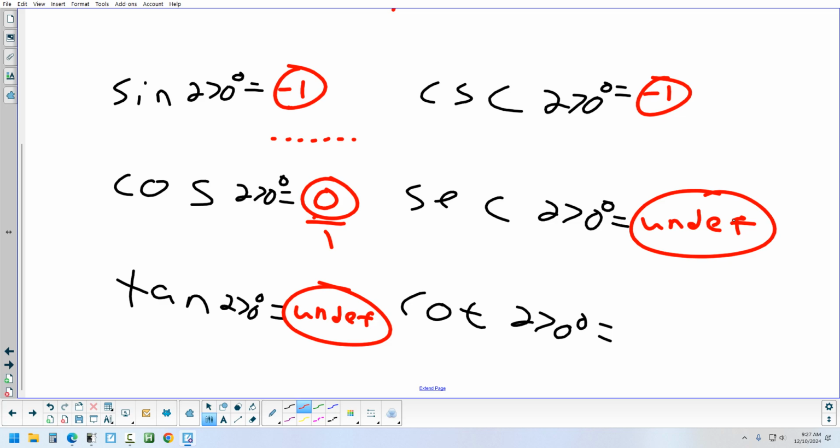But you cannot get undefined in these 2 spots. Ever. It doesn't happen, because they have no global maximum or global minimum. We're going to talk more about the graphs later, and that'll give you a hint at why these will never be undefined. But for now, just know that they are not undefined.